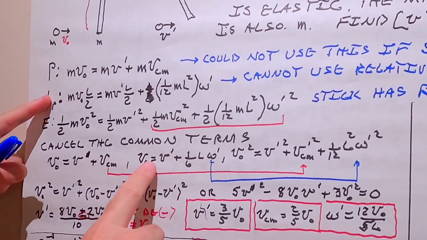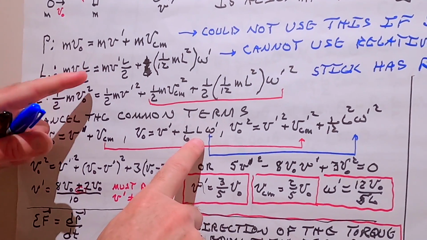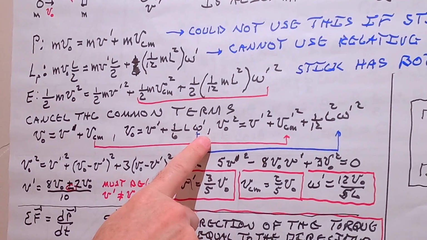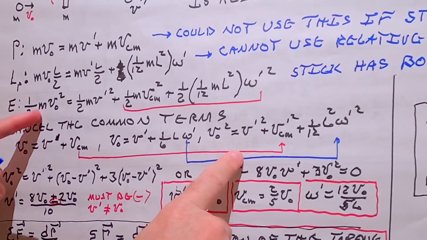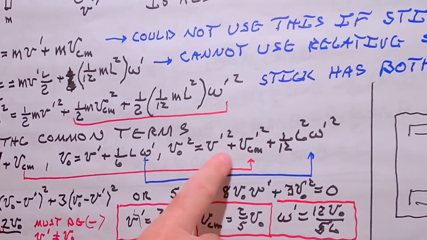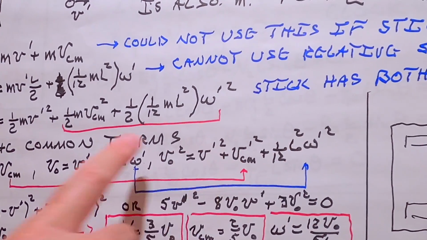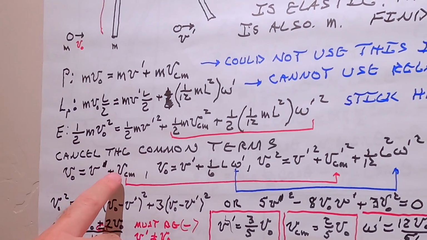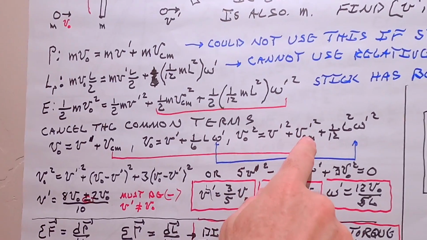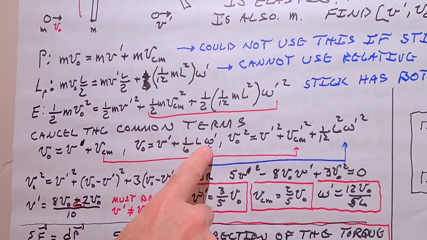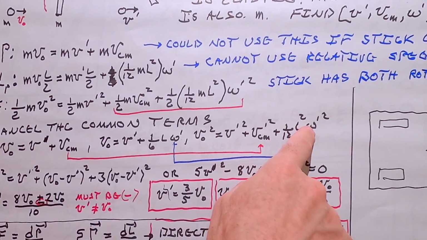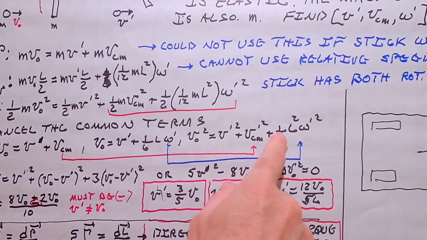So this just became V naught, that became V prime, and that became 1/6 L omega. And from this one I canceled the 1/2 m's, and it came out to be that equation. So let's take the V center of mass and plug it into here, and take the omega from this equation and plug it into here, and we'll solve for V prime.